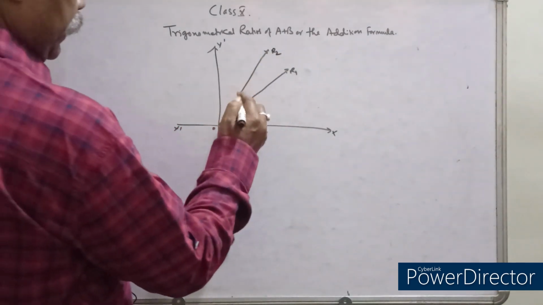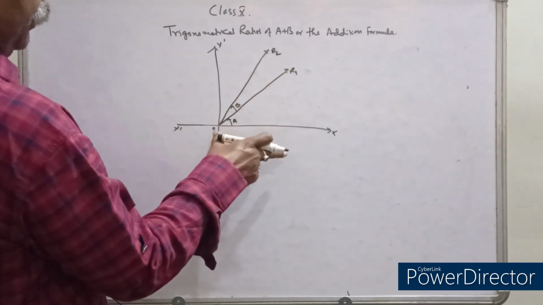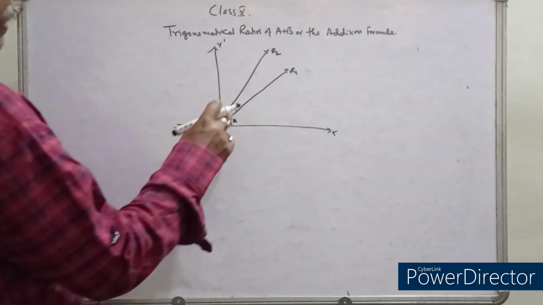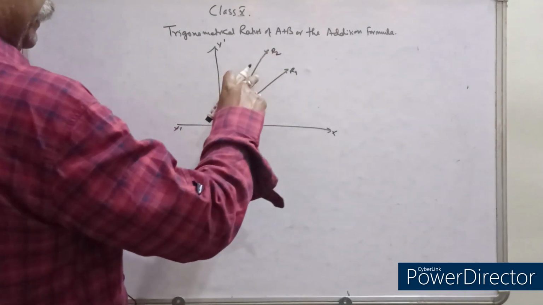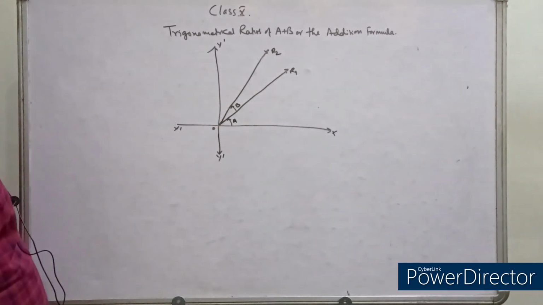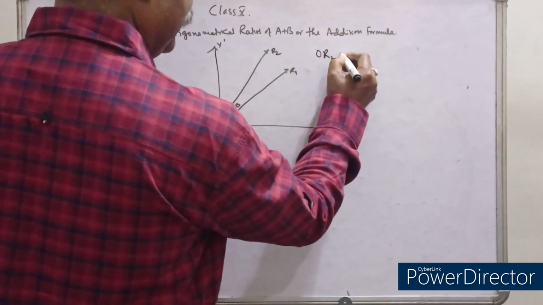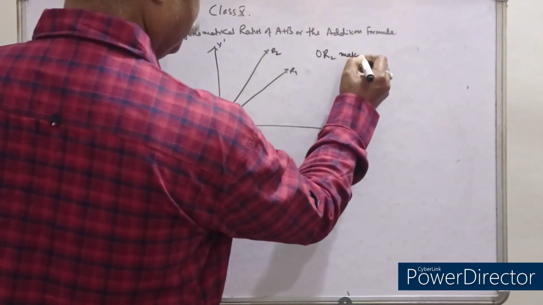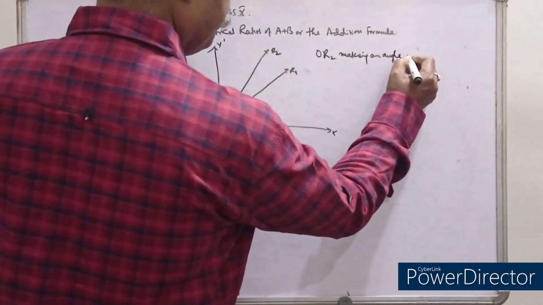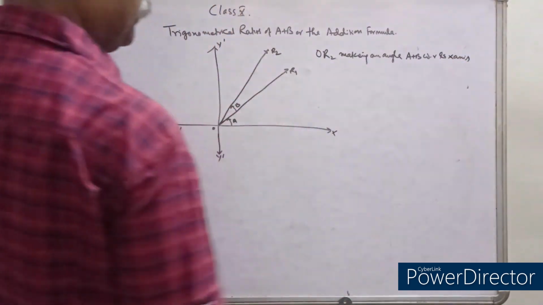So this ray, which is moving in anti-clockwise direction from the x-axis, at first made an angle A, and after that from this position it has made an angle B. So the ray OR2 is making an angle A plus B with respect to the x-axis.